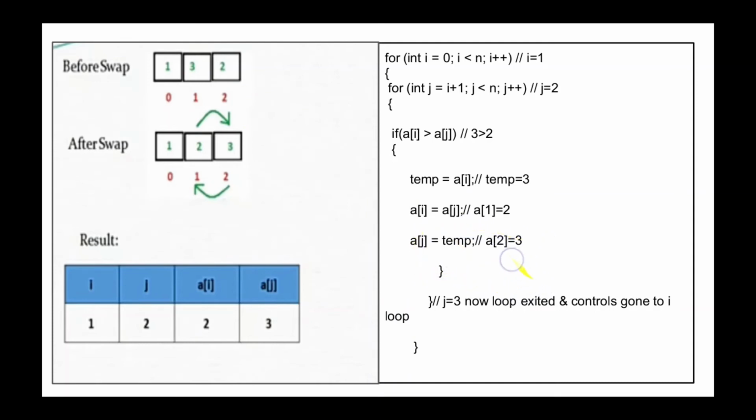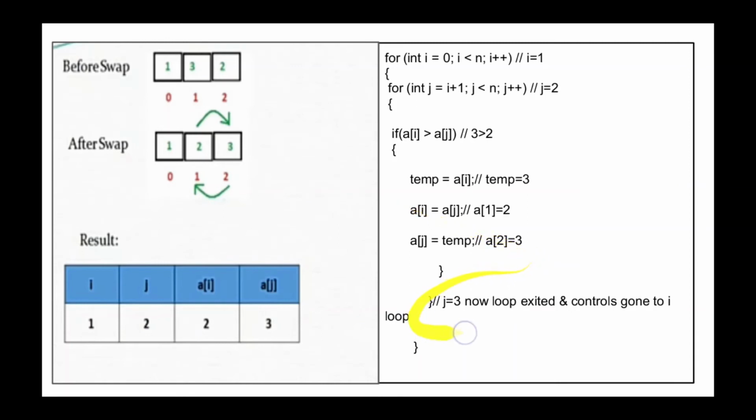Then a of j is equal to temporary, so the temporary element 3 is stored in a of j. Now see here, before the swap the elements are 1 3 2, and after swapping the second position element is 3. Then go to the first location, the first location element is 2, then go to the second location.